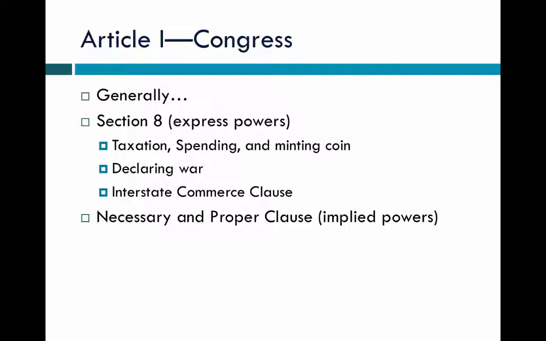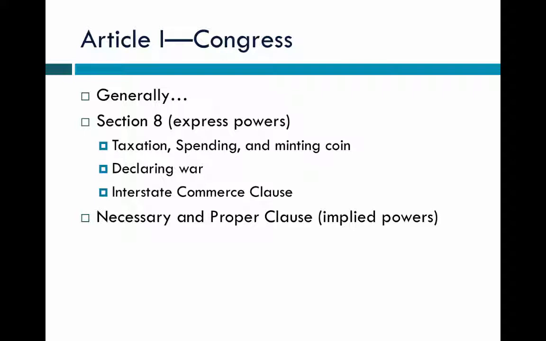The necessary and proper clause also defines the power of Congress. So Article 1, Section 8, and you should take a look at Article 1, Section 8, lists out all of the things that Congress can do, and we've touched on some. And at the end, they say that Congress shall have the power to make all laws which shall be necessary and proper for carrying into the execution the foregoing powers and all other powers vested by this Constitution in the government of the United States or in any department or officer thereof.